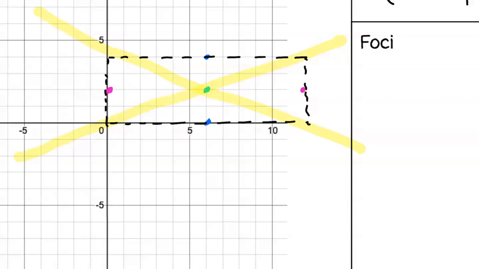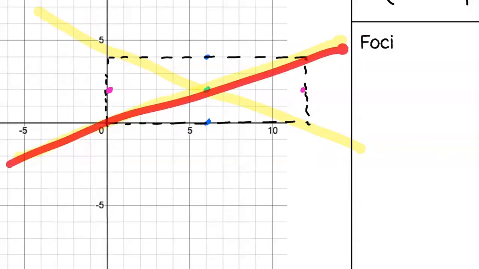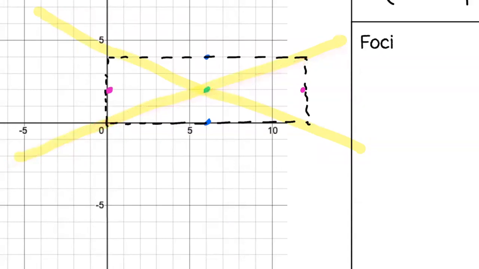Just to clarify, counting the rise and run, we count to one vertex and then to the corner. You can pick any 2 points on that line. So if you want to count from this corner to this corner, that's totally fine. But you could also count from the center to the corner.